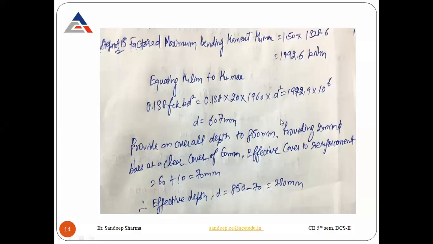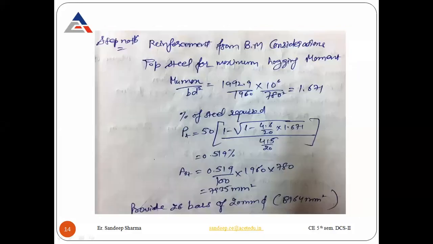So after calculating the actual effective depth, we need to calculate the reinforcement from the bending moment consideration, in which for the maximum hogging moment, this is the factored ultimate moment we have, and B into D, B the width at the X distance, and this one is the effective depth which we calculated in the previous step.